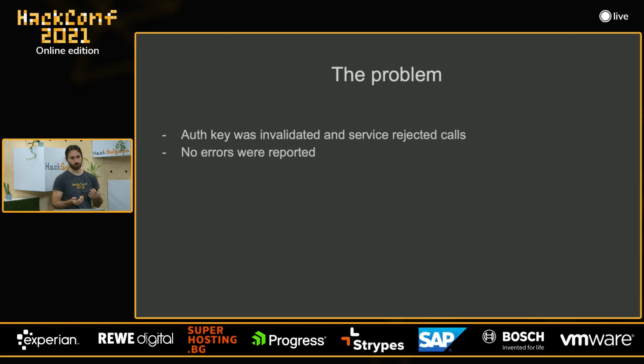And no errors were reported, because we always thought that this would be a network failure. It might be down for a moment, but it will be back up maybe 5 minutes later. Or even if it's 1 hour later, that's not a problem. But here, we're talking about the service rejecting us for weeks without us noticing.